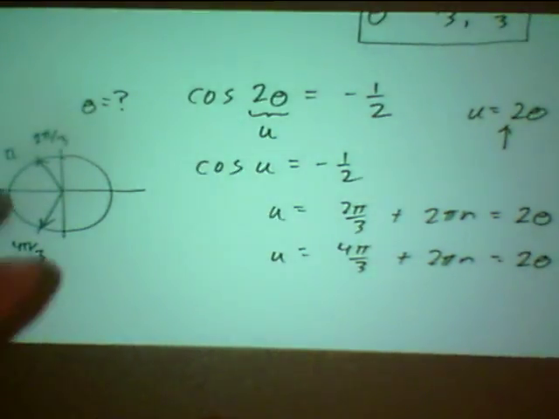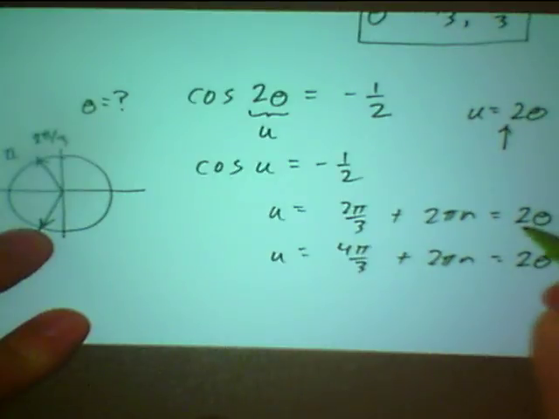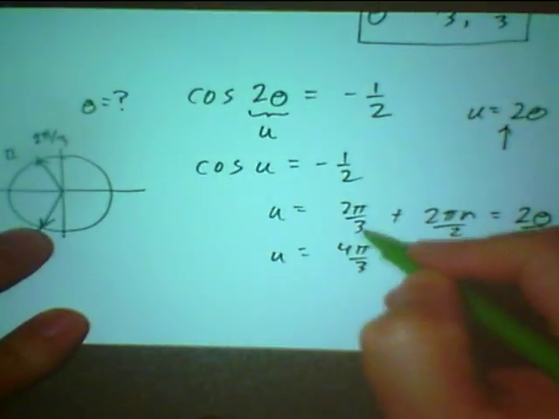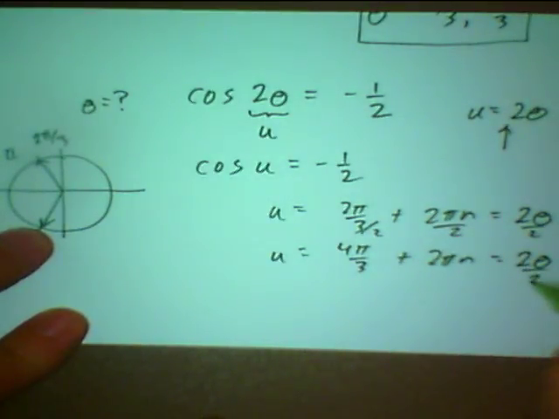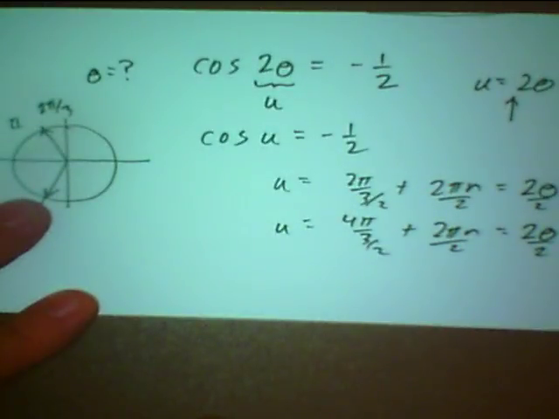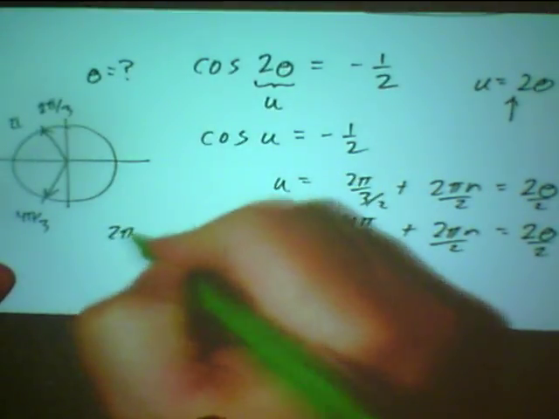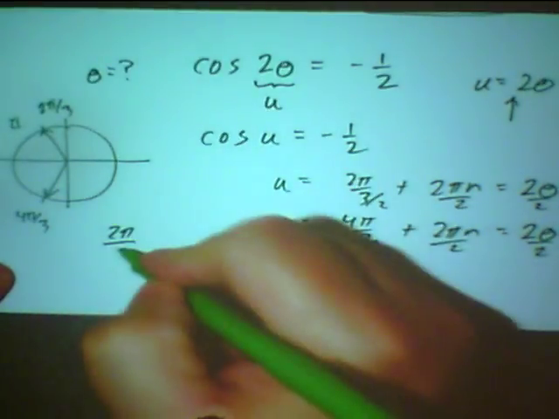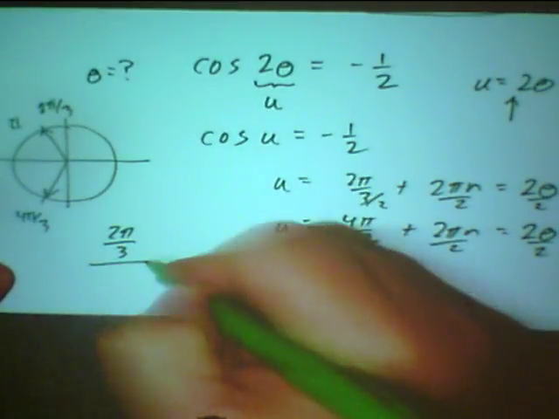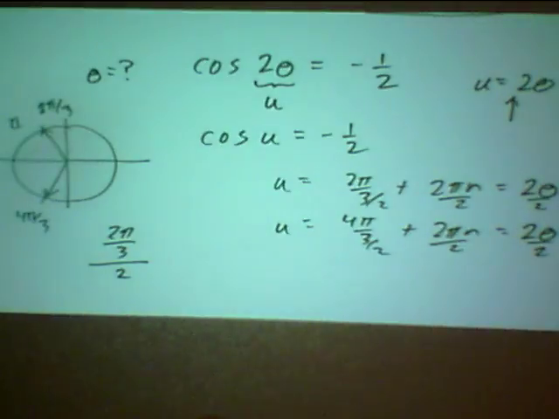So now I'm going to divide everything on both sides by 2. These first terms are a little tricky. Let's go off to the side in case some of you are wondering. I have 2 pi over 3 divided by 2.